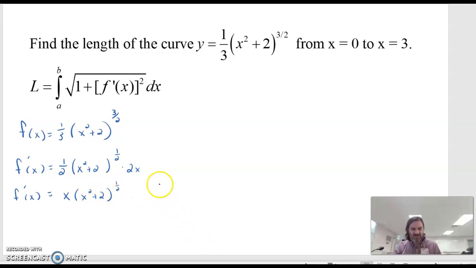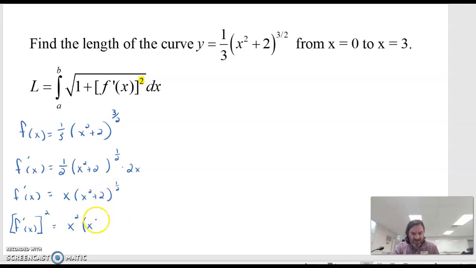Now that doesn't look very attractive, but keep in mind this thing says we're going to square that. So let's do that. F prime of x squared. In that case, we'll square x, so that'll be x squared, and we'll square the square root, which will knock it out.